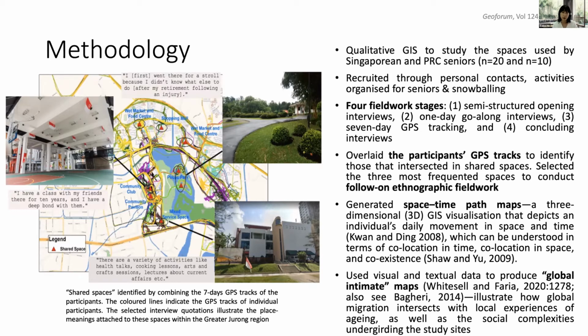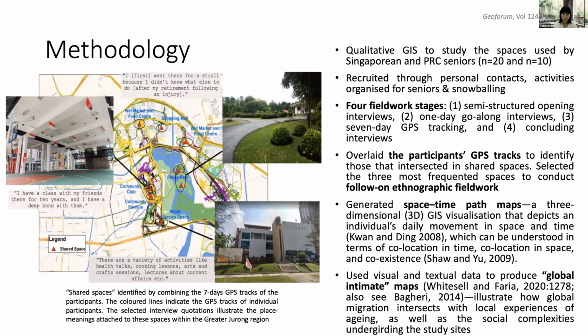So this approach enabled us, from a grounded approach, to identify which are the shared spaces that are used by both Singaporeans and the PRC seniors. And then the interviews and qualitative research helped us to investigate further their motivations, their experiences, etc. So alongside this, in our analysis, we also generated space-time path maps, and I'll share them with you later. But essentially, they are 3D visualizations that depict an individual's movement in space and time.